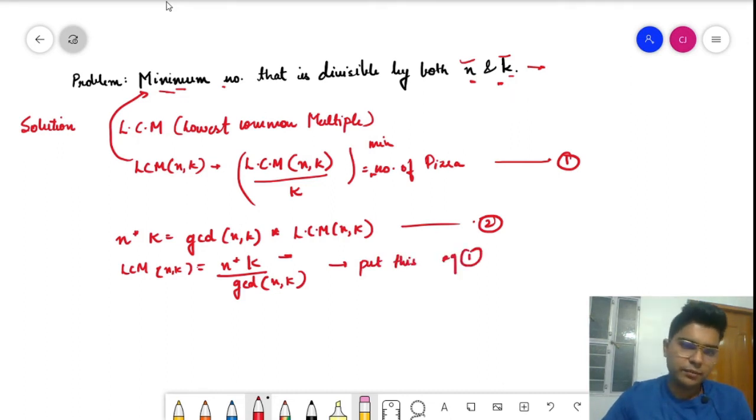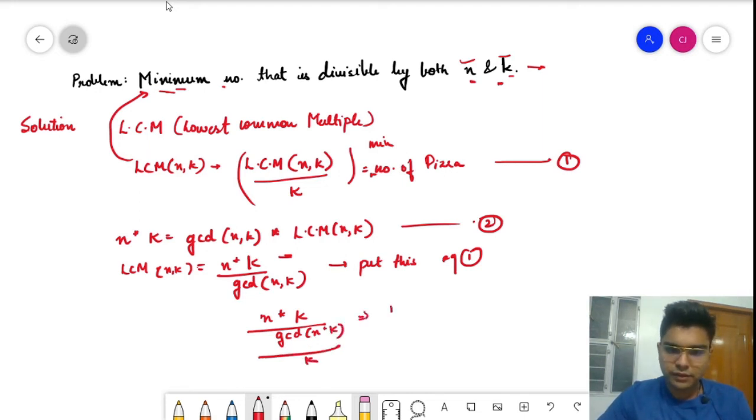And if we put this LCM value into equation number 1, then what we get? We get as the answer, the total number of minimum pizzas should be equal to n into k upon GCD of n comma k, divided by k, which will give us n into k divided by GCD of n comma k into k.